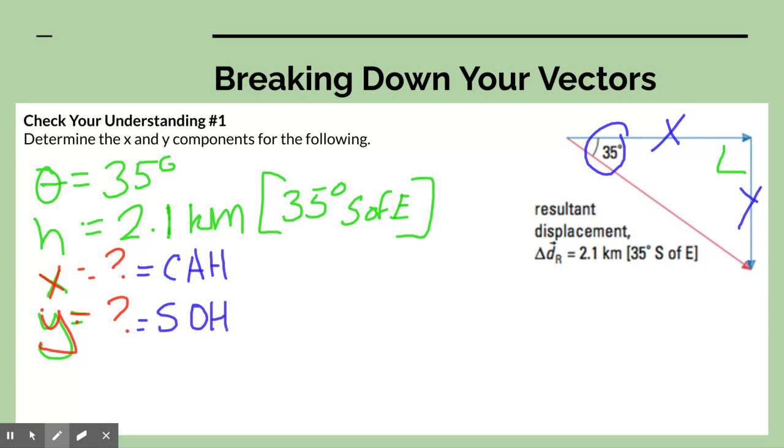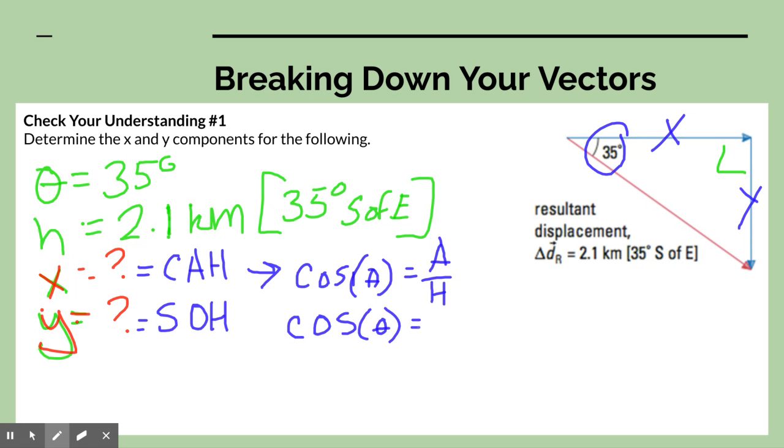So let's do this one first. The cosine of theta is equal to adjacent over hypotenuse. Because we don't have adjacent, we're looking for adjacent, over the 2.1 kilometers. And since we're doing that, this is now cosine of 35.